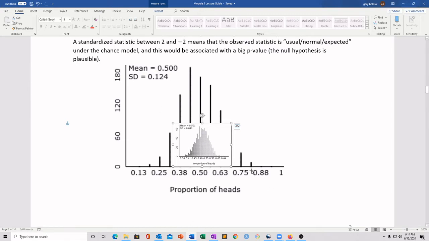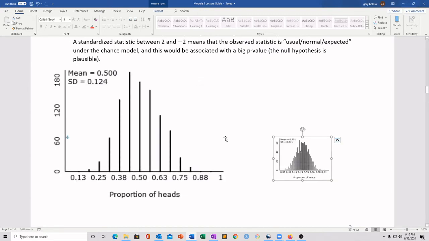Compare that to the range here. The range of values here goes all the way from 0.2 maybe to, looks like maybe 0.88 actually got hit here. That's a much more spread out set of data. So what we're seeing is that the data in this picture is much more clumped together, and the data in this picture is much more spread out.